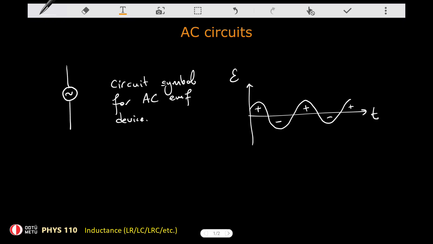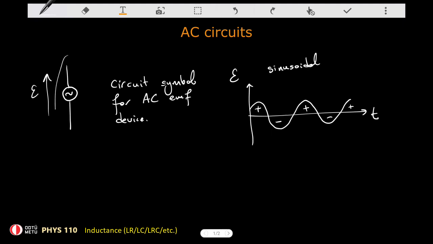As a result, this is a circuit where the EMF depends on time, and it changes with time in a sinusoidal way. That also implies that you choose a direction on a circuit, and along that direction the EMF is sometimes positive and sometimes negative.